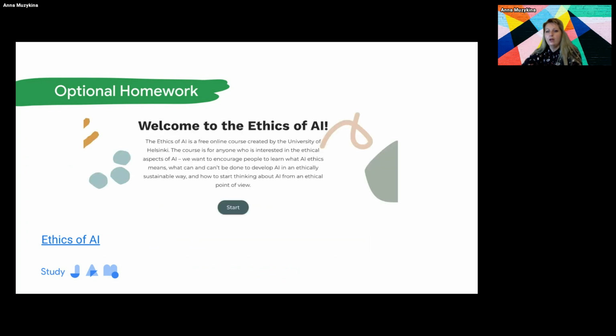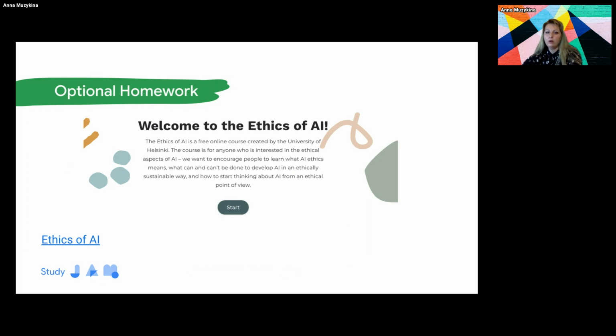So, the optional homework will be the Ethics of AI course. This course provides a framework for understanding and applying ethical principles to AI. We'll explore fundamental concepts, discuss key ethical principles, and delve into the philosophical underpinnings of AI ethics.